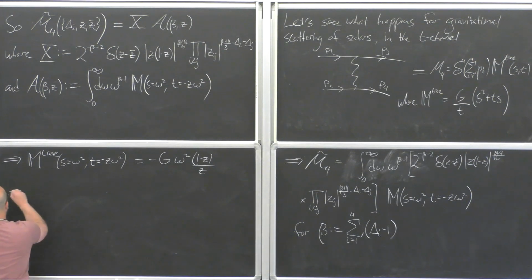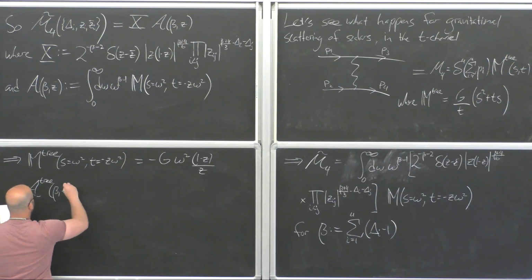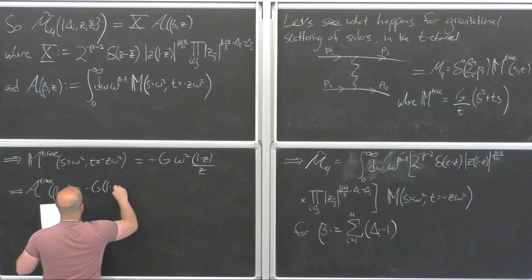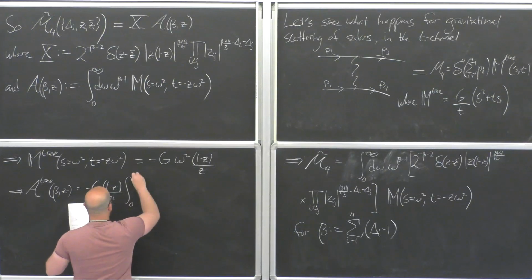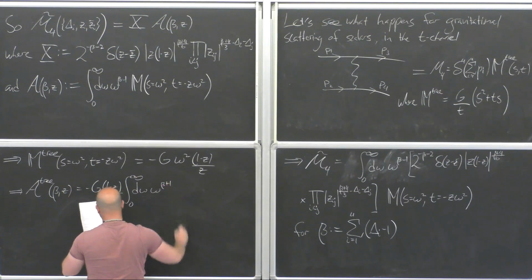So then the interesting bit of the celestial amplitude, let's call it A tree of beta and Z, is minus G, 1 minus Z over Z, integral 0 to infinity d omega, omega to the beta plus 1.